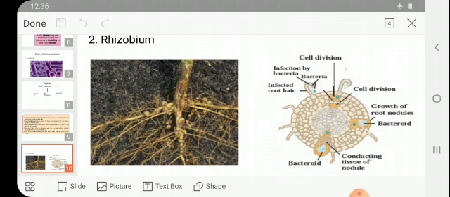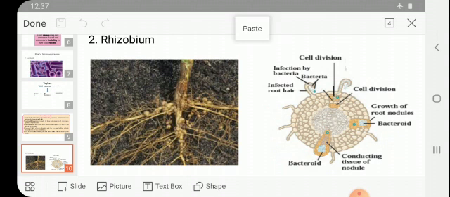Okay, and in exchange, I told you in the beginning that there is a symbiotic relationship. In exchange, what do they get? They get energy in the form of carbohydrate. They are giving the atmospheric nitrogen or nitrogenous compounds, and they are getting the energy in the form of carbohydrate.